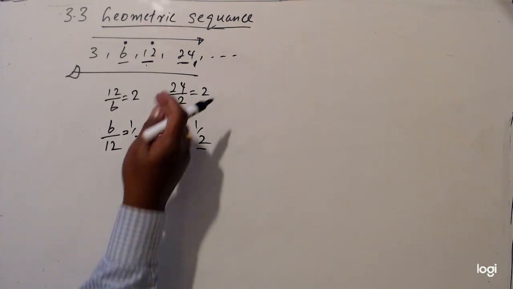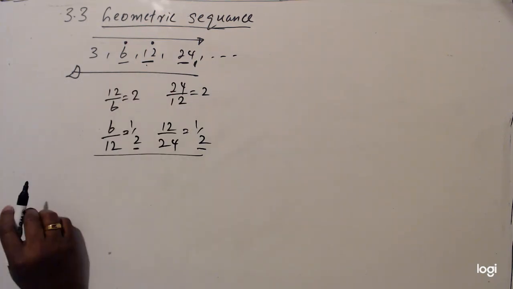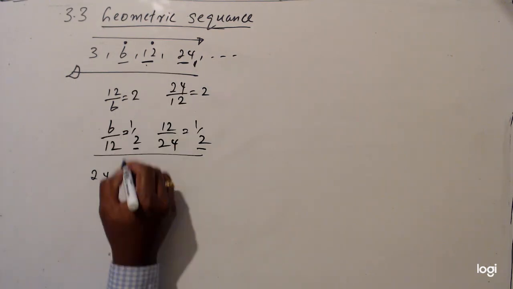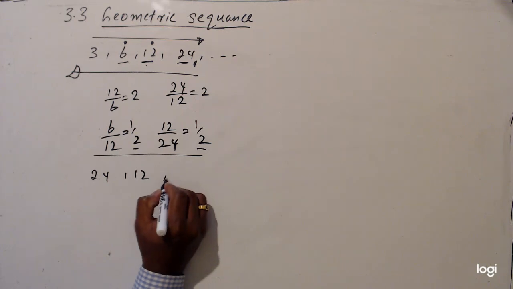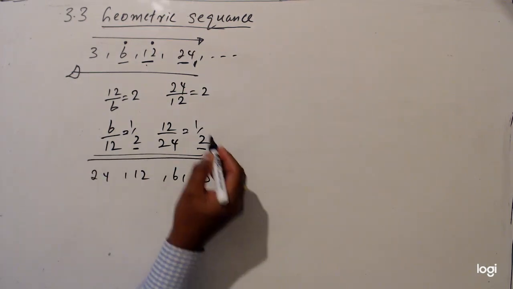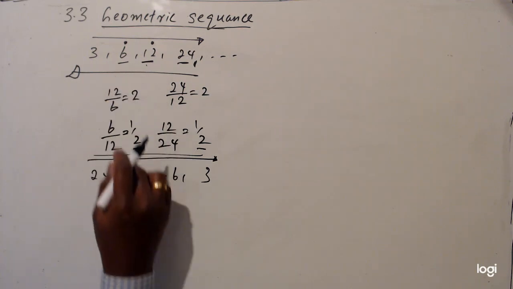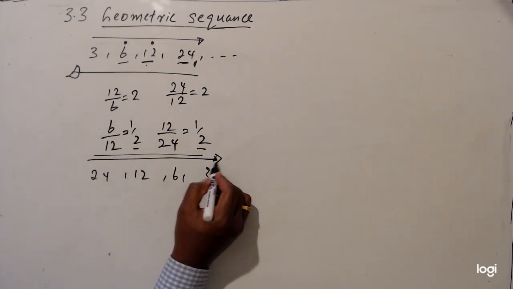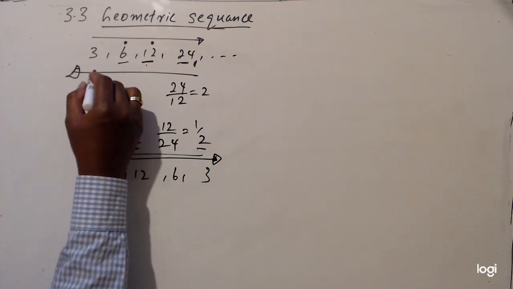Since this is confusing in this way, what we can do is write it as 24, 12, 6 and 3 in the same direction, and we can use the same procedure instead of this one.